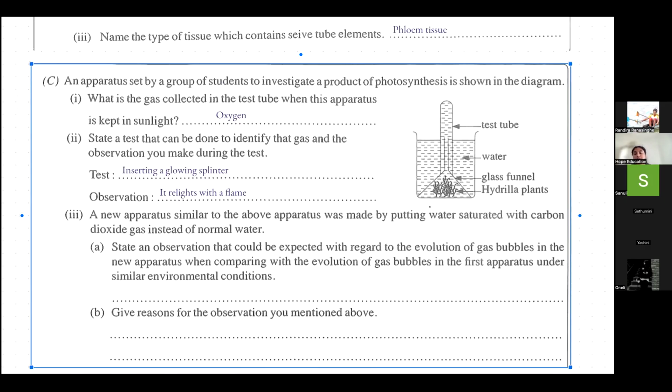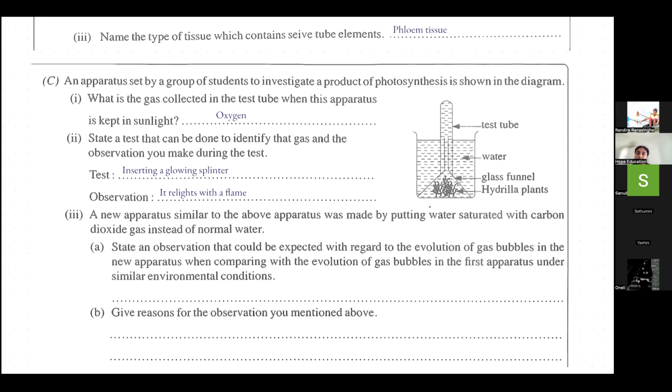If you take normal water and water saturated with carbon dioxide gas, does the normal water have more carbon dioxide or does the saturated one have more carbon dioxide? Yes, the saturated one has more carbon dioxide.